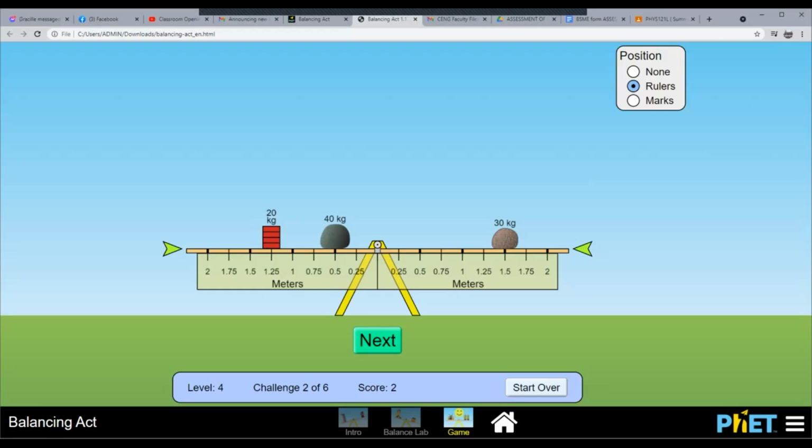You take moment 40 kilogram, you multiply it by the distance. 20 kilogram, you multiply it by the distance. That should be equal to 30 kilogram multiplied by the distance. Okay? So, later on, ma-encounter nyo yung ganong solution. But in the meantime, because we are on the physics, we are on the concept already. Okay? So, that means you have the 30 kilogram here for balance condition.